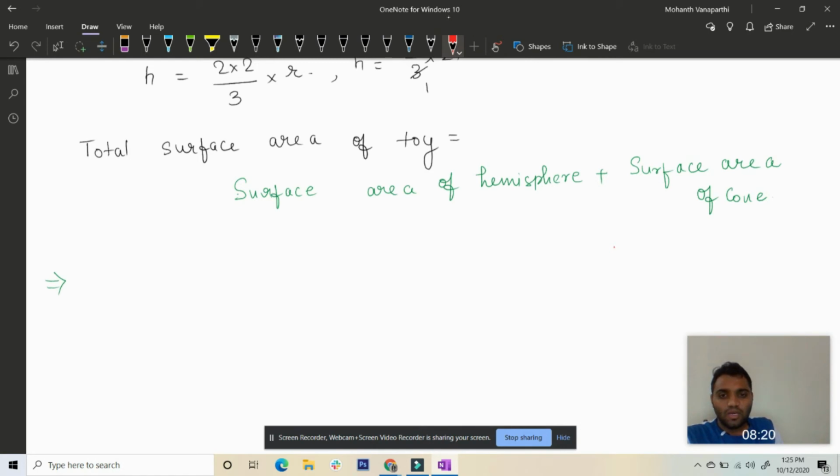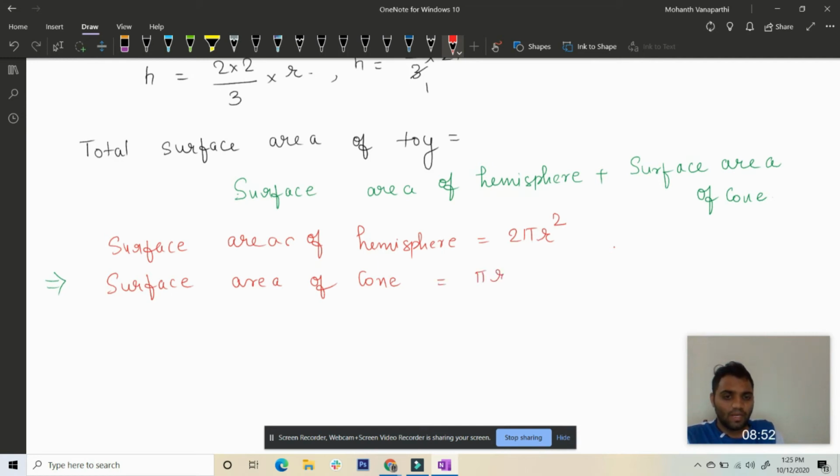The formula for surface area of hemisphere is 2 pi r square, and surface area of cone is equal to pi r l.